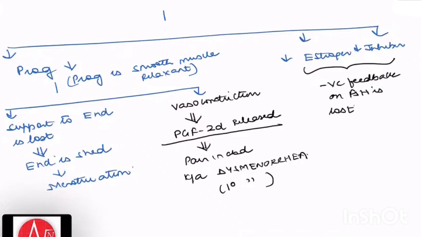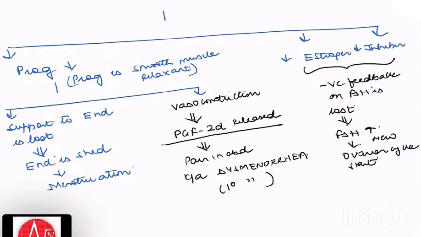The negative feedback on FSH is lost. तो फिर से FSH के लेवल्स बढ़ेंगे और फिर से ओवेरियन साइकिल स्टार्ट हो जाएगी. तो फिर से क्या होगा? फिर से FSH एक्ट करेगा फॉलिकल्स पे, बहुत सारे फॉलिकल्स को स्टिमुलेट करेगा. राइट? और फिर जो फॉलिकुलर सेल्स हैं उनको कन्वर्ट कर देगा ग्रैन्युलोसा सेल्स और थीका सेल्स में.